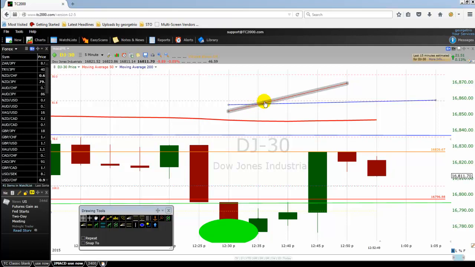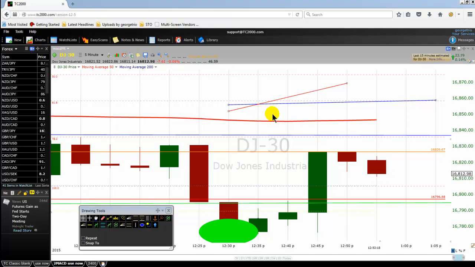Now, I don't call it a bullish signal. It's a bullish warning. Moving average 50 above 200, or any faster moving average going above a slower moving average, is a bullish warning. It's not a bullish signal. Now, if it's a valid bullish warning, the price will confirm it.